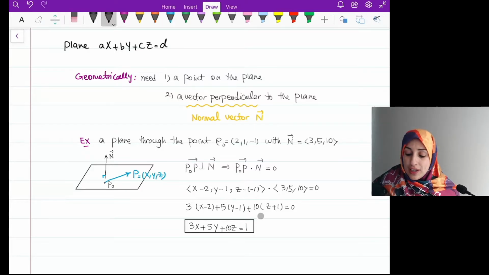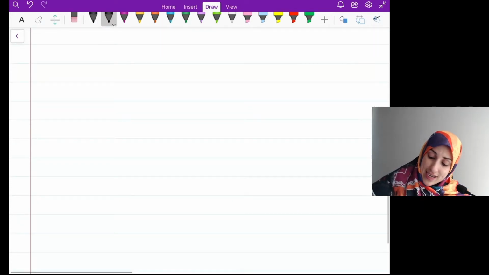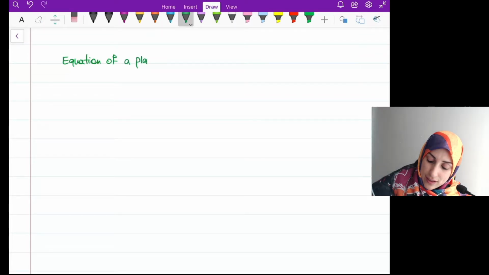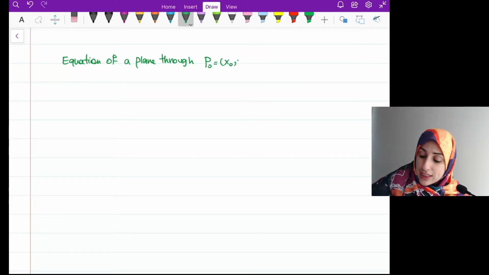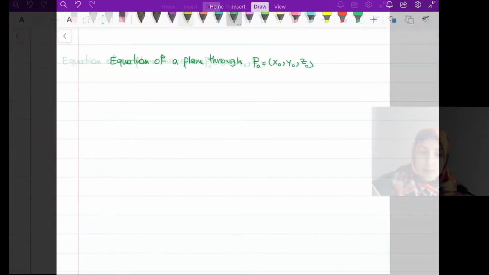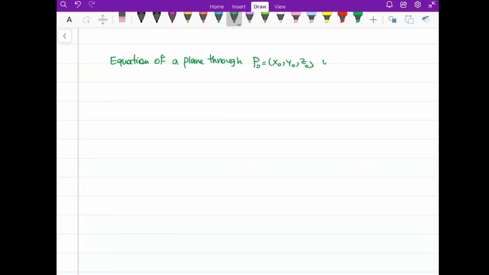If I want to generalize this situation, I can say that the equation of a plane through the point P0, which is (x0, y0, z0), with orthogonal vector or normal vector n = (a, b, c), is a(x minus x0) plus b(y minus y0) plus c(z minus z0) equals 0.